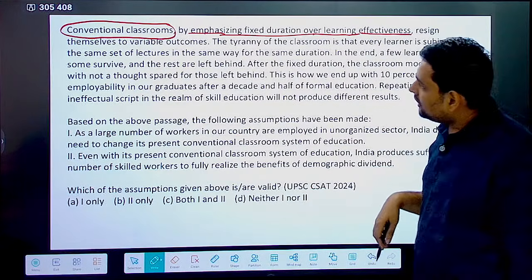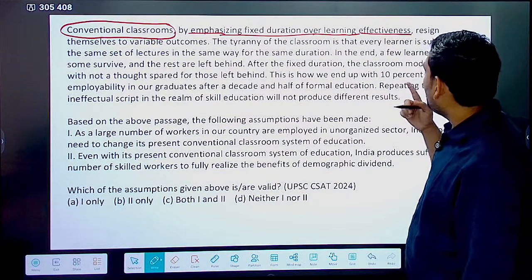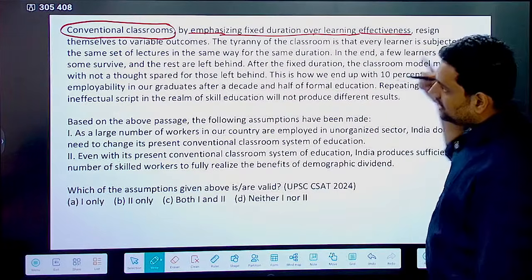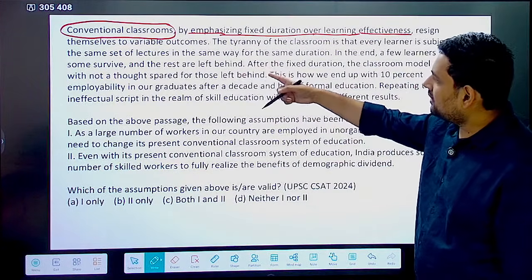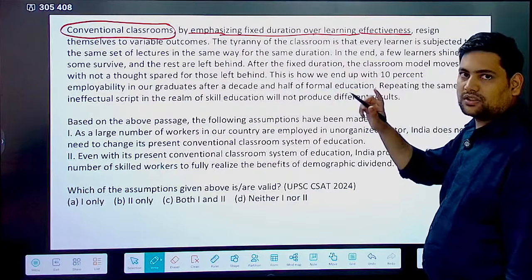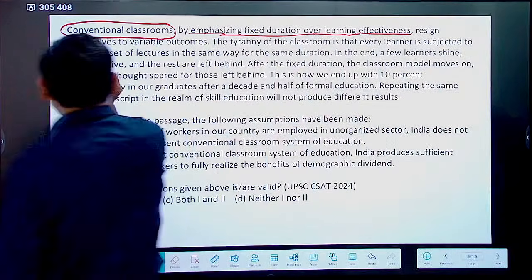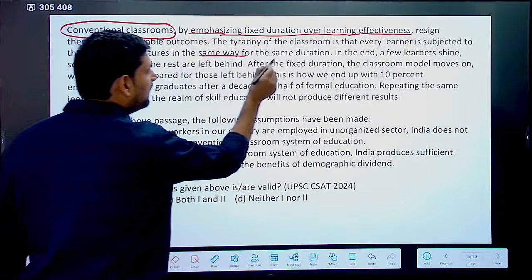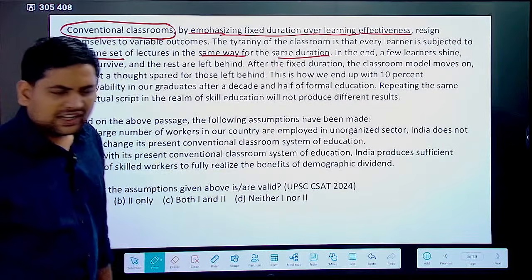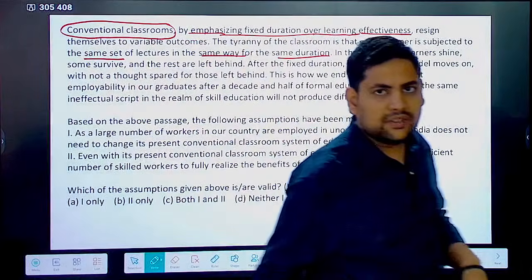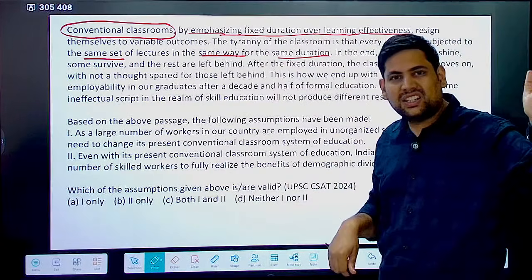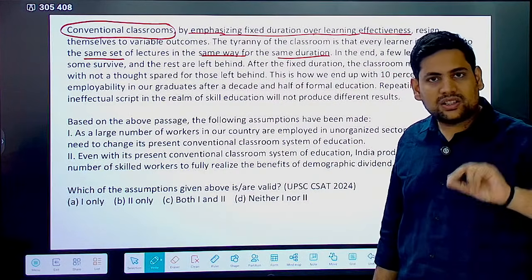Then the tyranny of the classroom is that every learner is subjected to the same set of lectures in the same way for the same duration, correct? This is the traditional classroom environment that we have. Hundreds of students are sitting and all of them are being taught the same thing the same way.